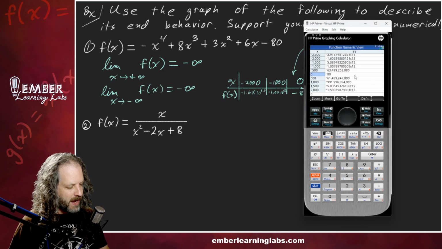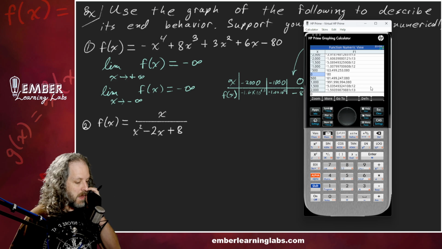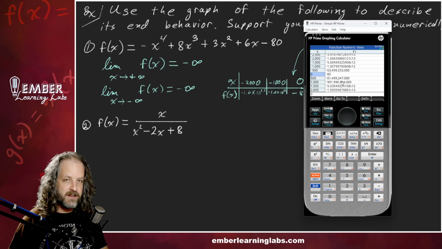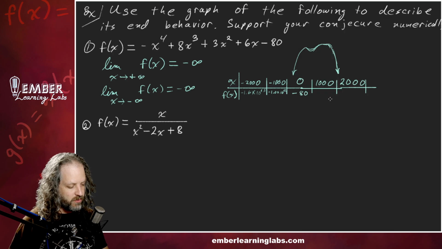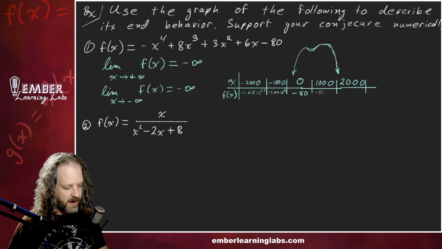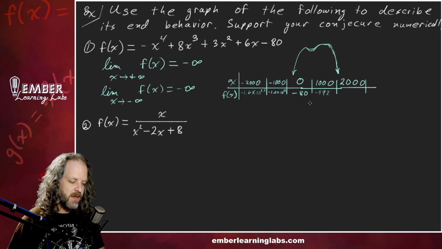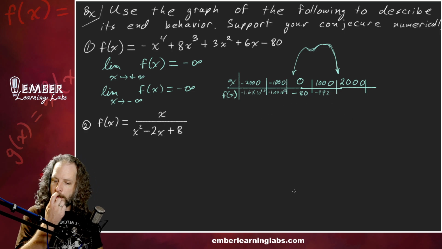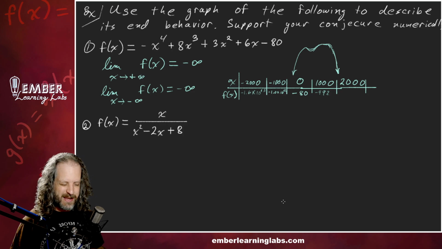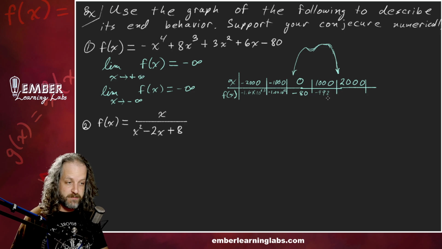And then at positive 1,000, it's at negative 992. You notice I'm not being very particular about my rounding, the place that I'm rounding to, or how many significant figures, because it's not really the point. The point is that they're getting smaller and smaller and smaller.